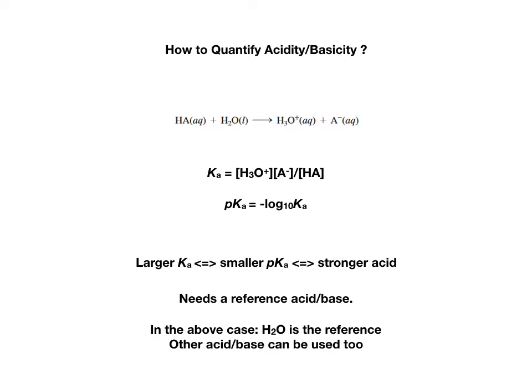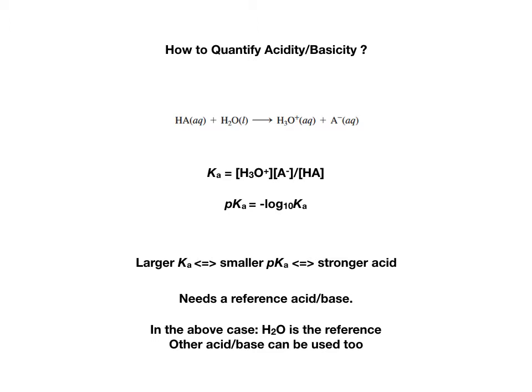This equilibrium constant can have a pretty large range. An alternative way to express it is to use the so-called pKa, which is the negative log base 10 of the Ka value. So a large Ka corresponds to a smaller pKa because there's a negative sign in the expression.